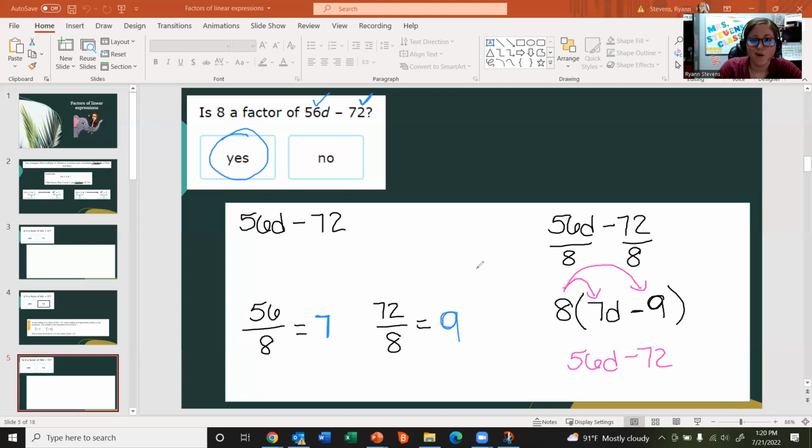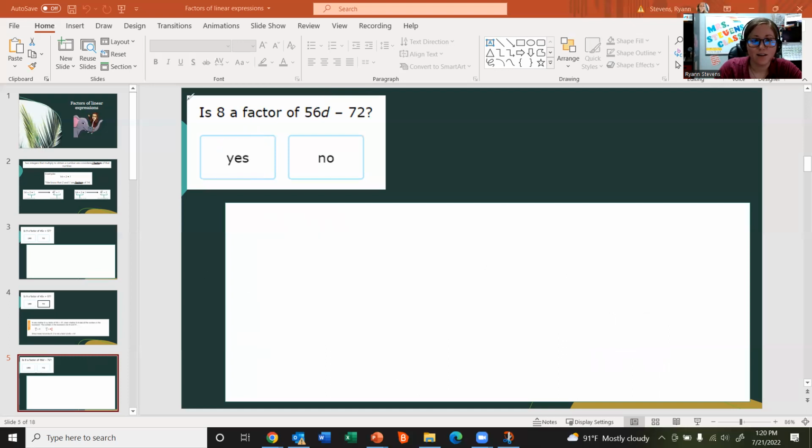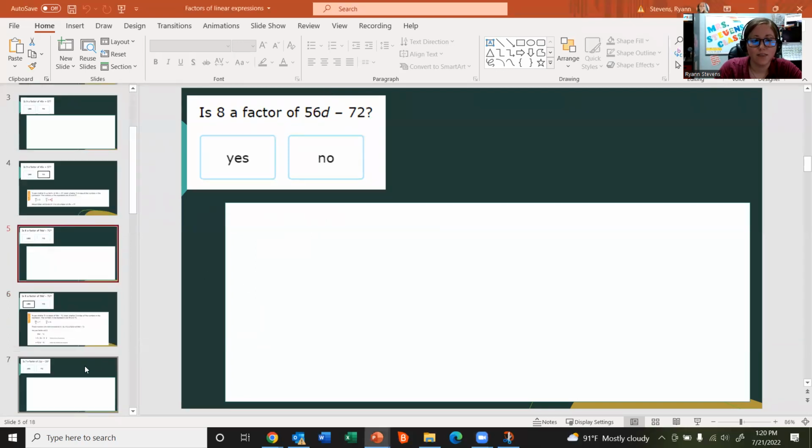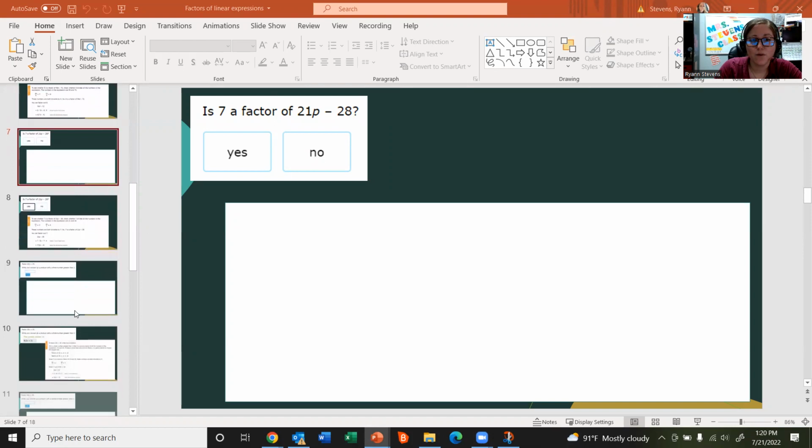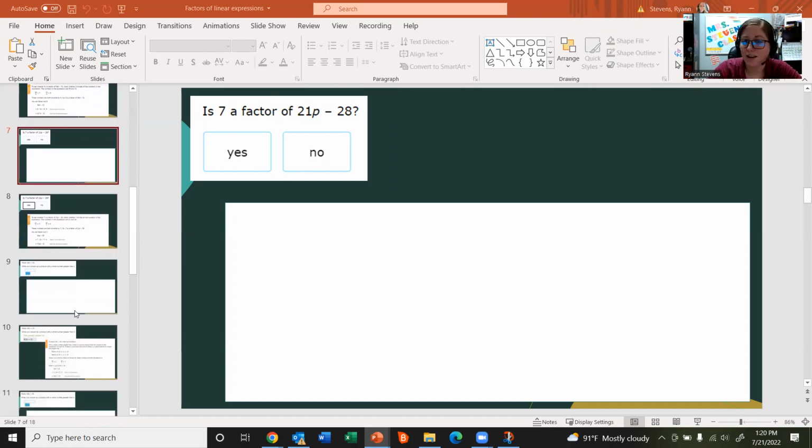So let's keep going. Let's look at another example of this style of question. I encourage you to try this one as we're working on it together, and then you can check your answer as we go through it. For this question, we want to know, is 7 a factor of 21p minus 28?